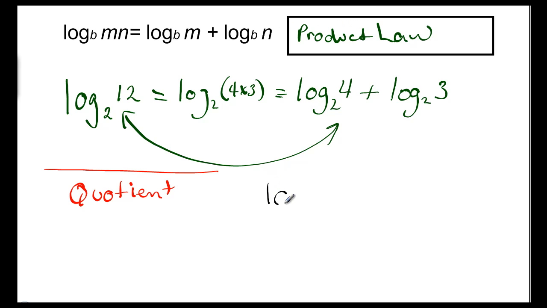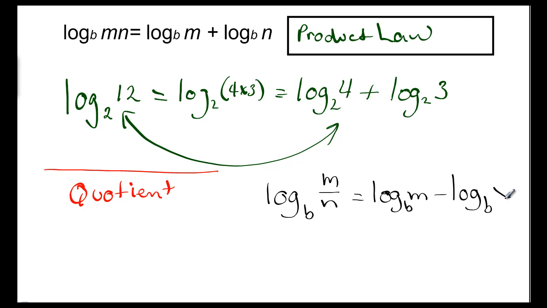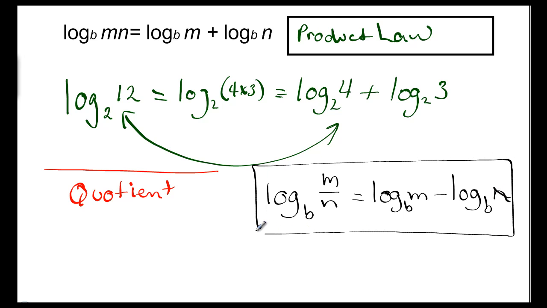If you have the log of base b of m over n, so quotient is the answer we divide, that can be written as log of base b of m, not add, but subtract, log base b of n. That is what our quotient law looks like. And now we can use these product and quotient law and power law all together when we're solving equations.